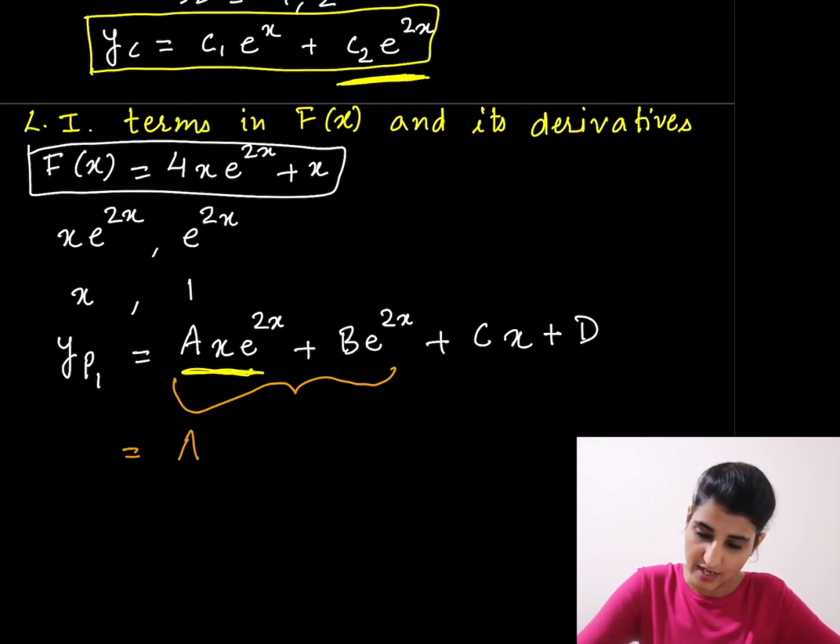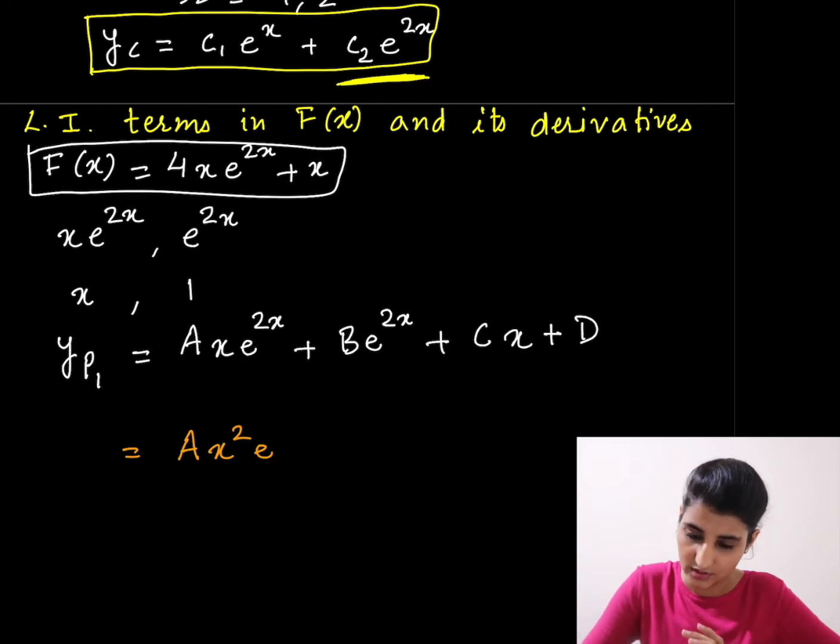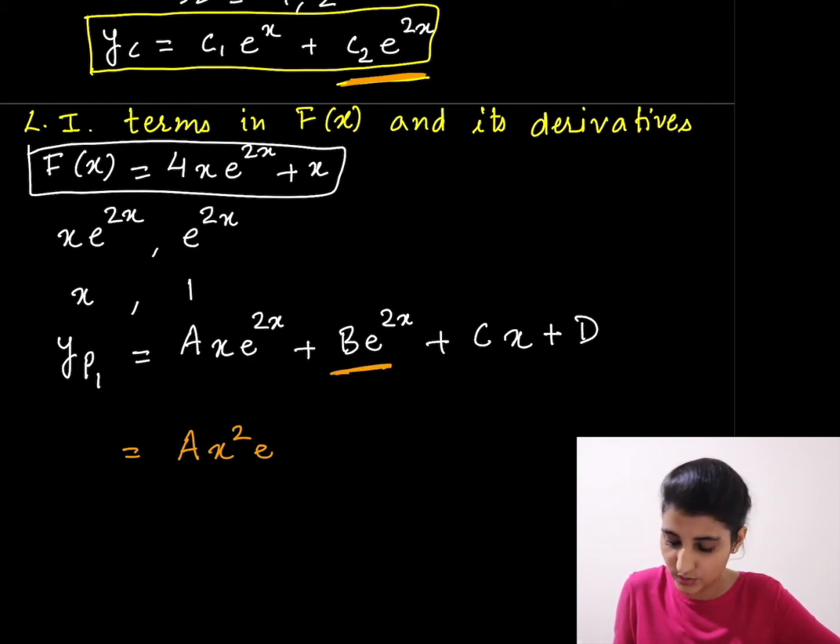we will get a x square. The duplication is in the second term. So e power 2x is here and e power 2x is here.